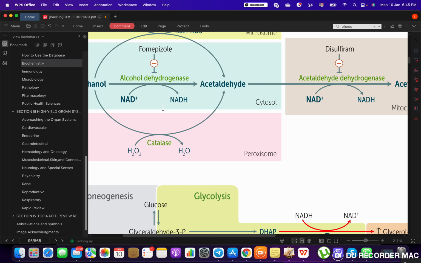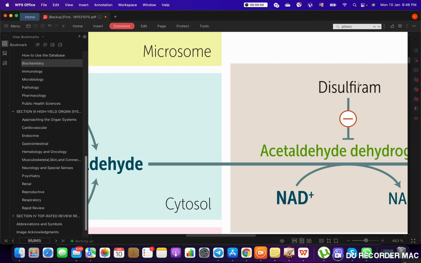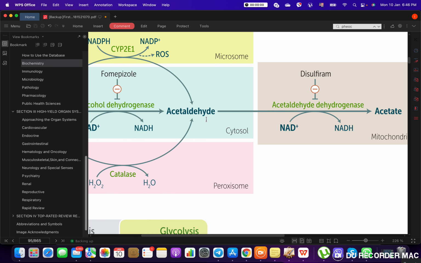It gets metabolized to acetaldehyde. And that acetaldehyde gets converted into acetate. So disulfiram and disulfiram-like products inhibit the acetaldehyde dehydrogenase. So we will have a lot of acetaldehyde. If your body has a lot of acetaldehyde, which symptoms are you going to develop?